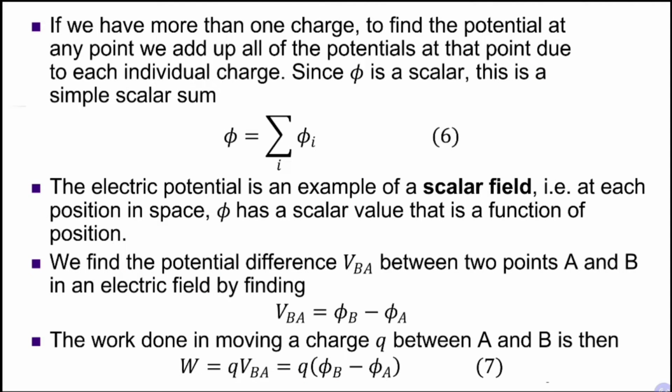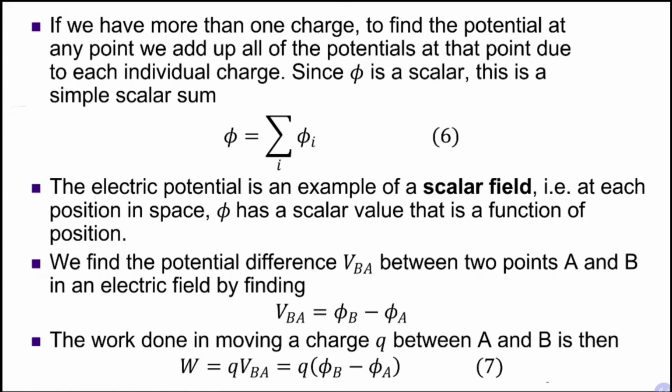Because it's scalar, you can sum up potential just like a number. You don't have to consider the direction. So the potential can be a sum of many different contributions.